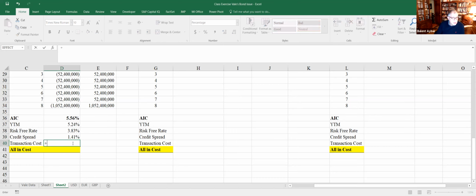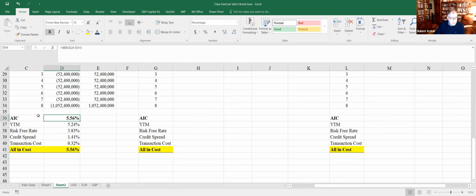You can also calculate the transaction cost, which is the difference between the all-in cost and the yield to maturity. So we have the transaction cost in here. The all-in cost is essentially composed of the risk-free rate of return plus credit spread plus the transaction cost.